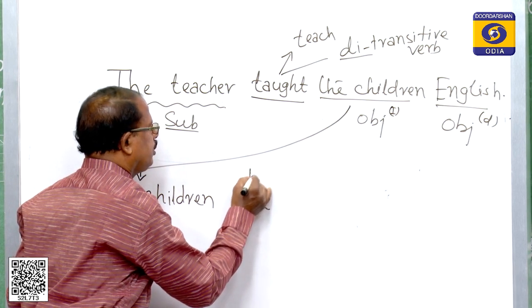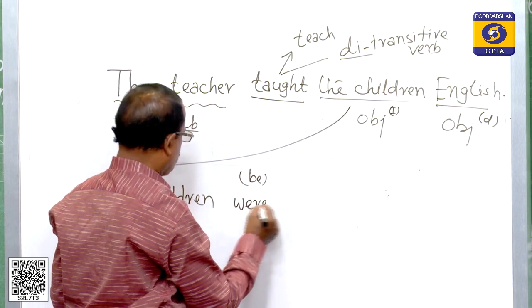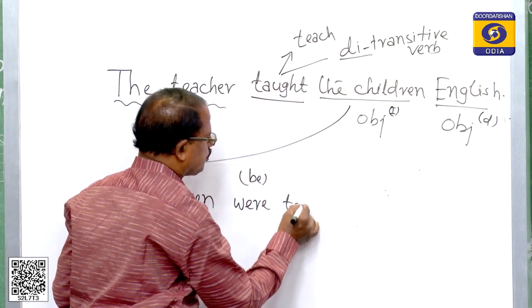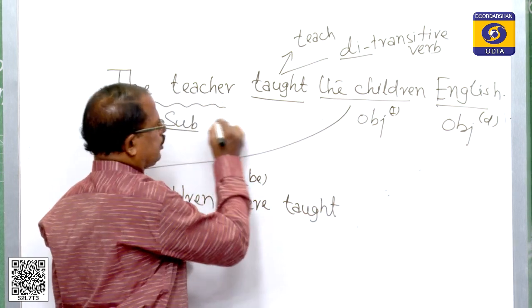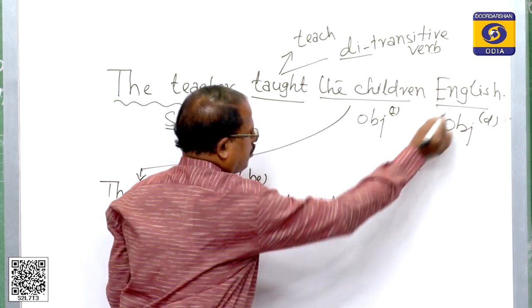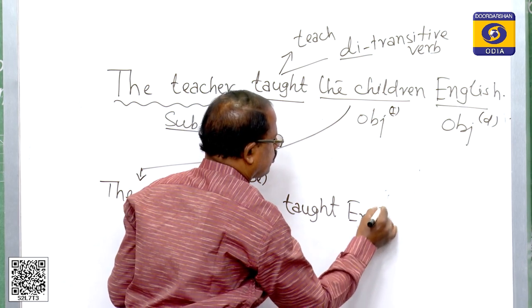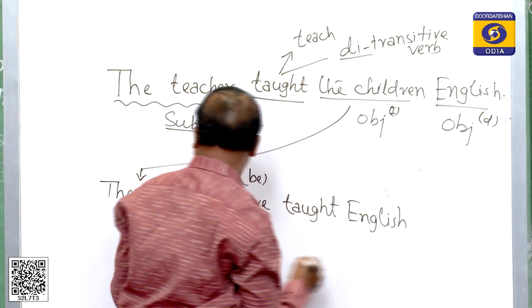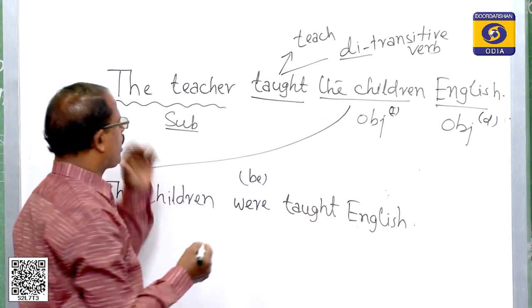So, this is the be verb plus the third form of the verb, were taught, right. Then the rest part is English. The children were taught English.